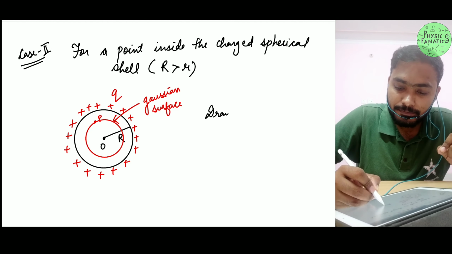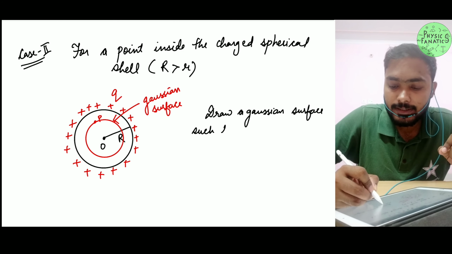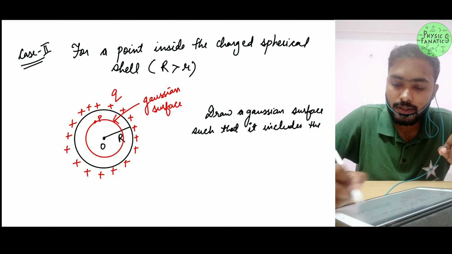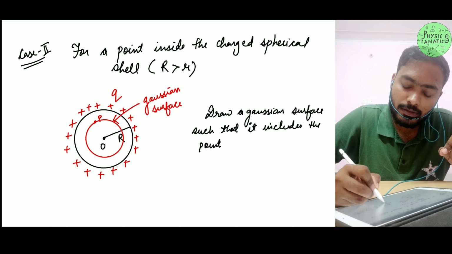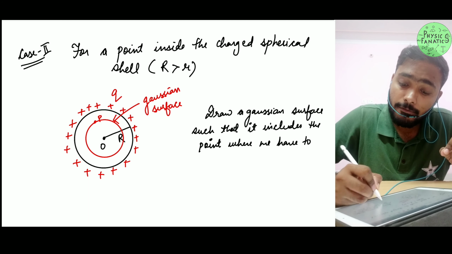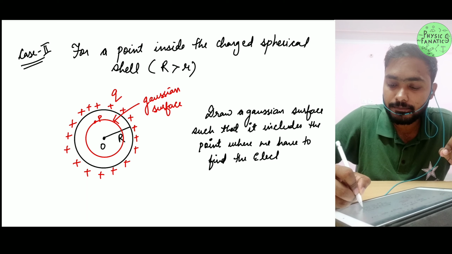So I'll write that here: draw a Gaussian surface such that it includes the point where we have to find the electric field.